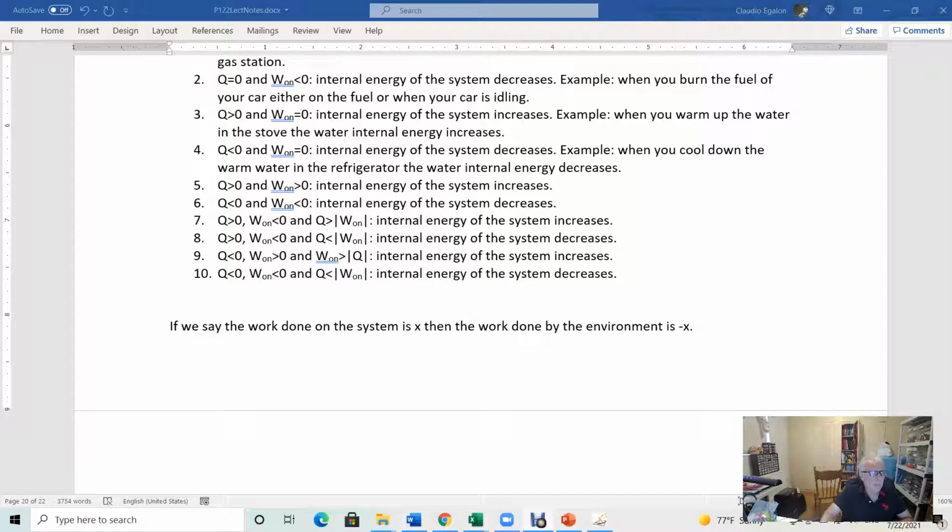If the work done by the system is X, then the work done by the environment is minus X. And how do we picture that?